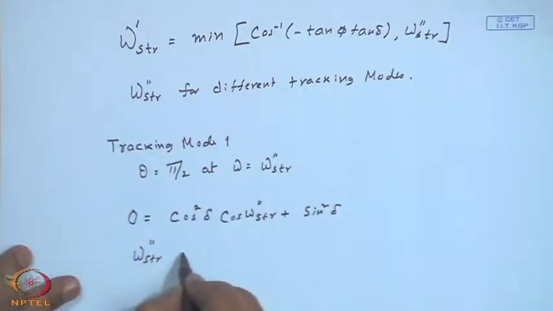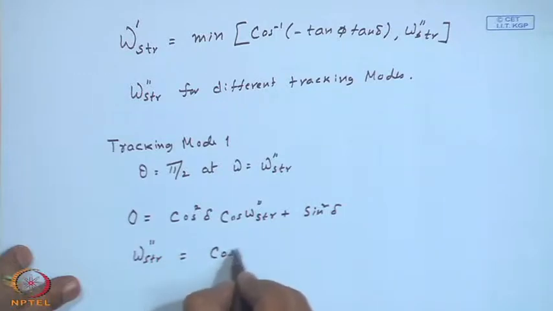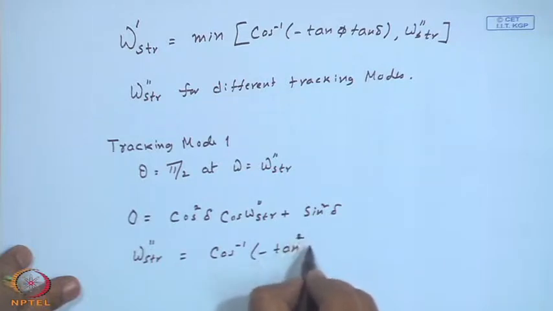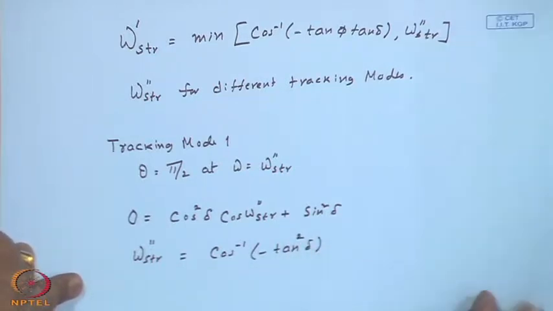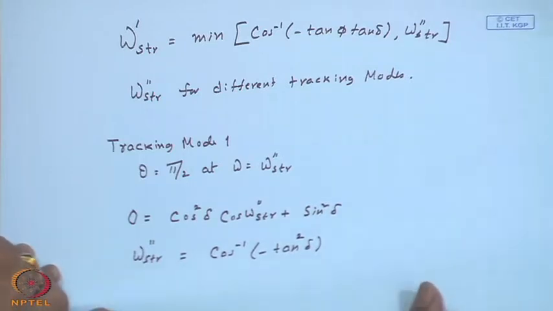Omega S TR double prime thus will be equal to cos inverse of minus tan squared delta. This coincides with our south facing surface, because phi minus beta is equal to delta. Cos inverse of minus tan of phi minus beta tan delta now becomes minus tan squared delta.